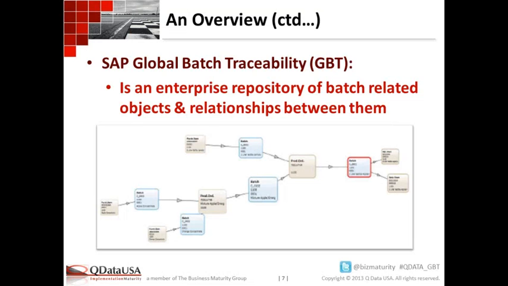So if it's broken at any point in the space, we won't have the full genealogy of that batch. So it's very key to understand that we do need the whole batch management process to be fully there in the ECC in order to get the full genealogy, the full relationships displayed in the GBT system.